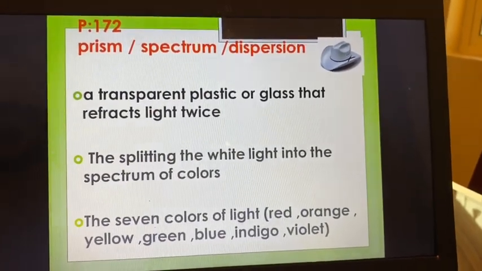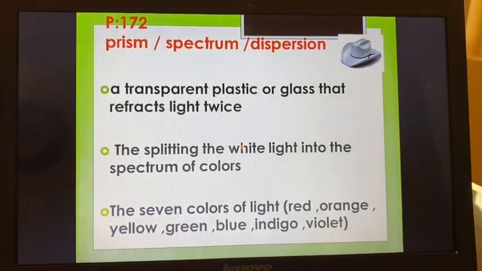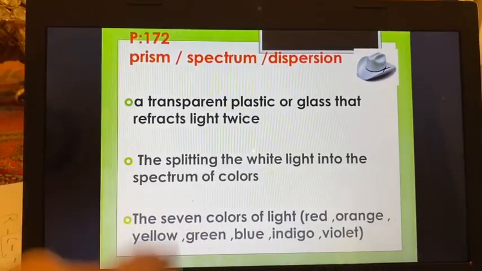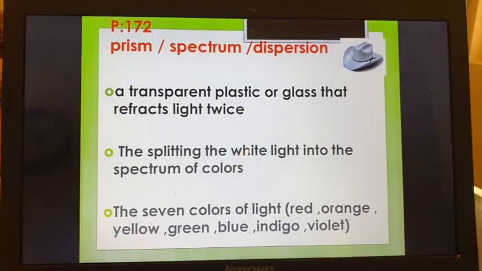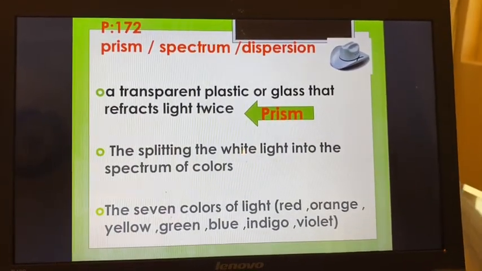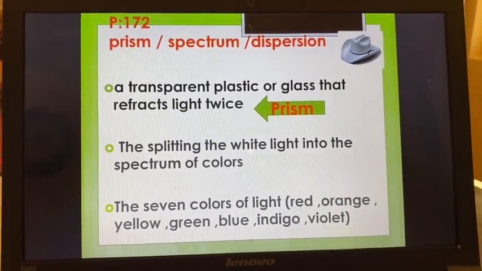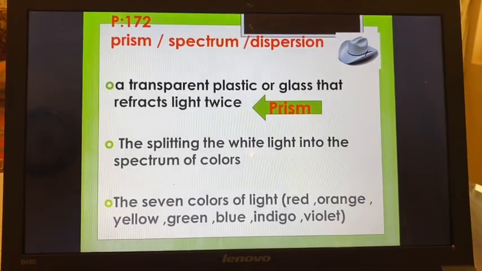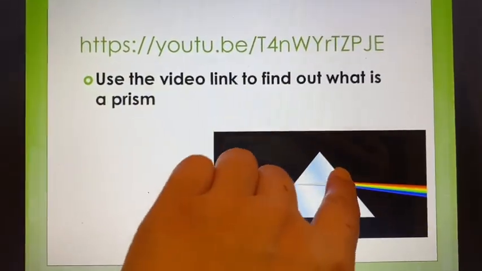Before I answer, I want you to stop the video and try to answer it by yourself. A transparent plastic or glass that refracts light twice, we call it a prism. The splitting of white light into the spectrum of colors, as you can see here, one light will split.